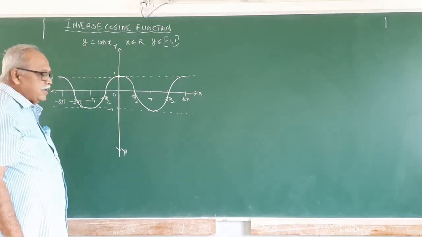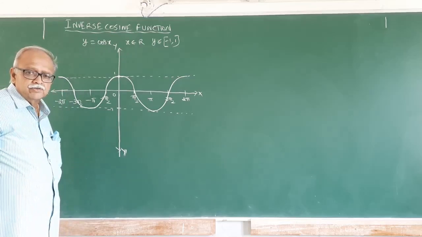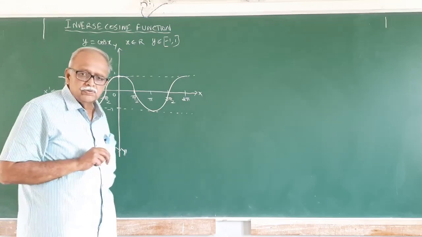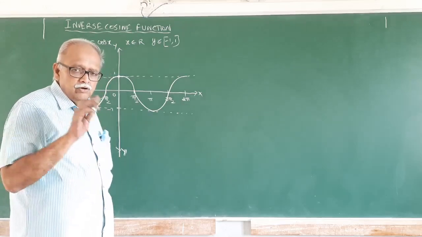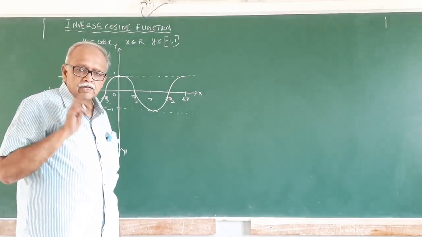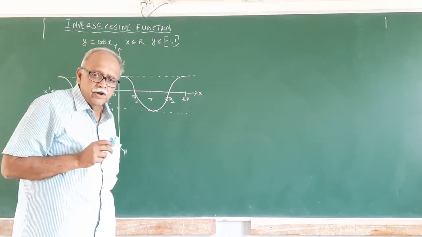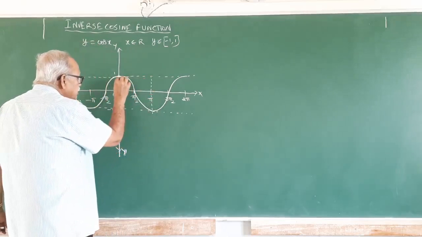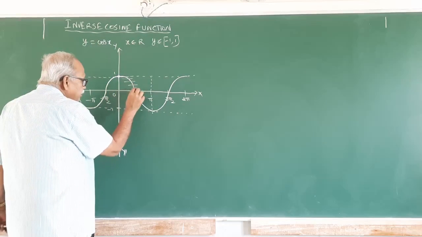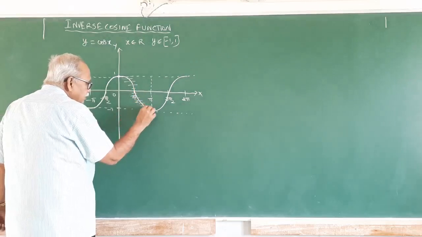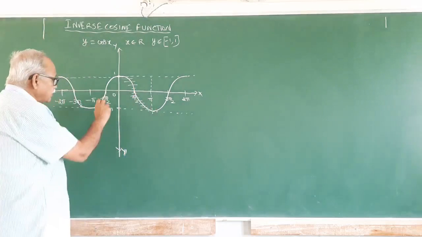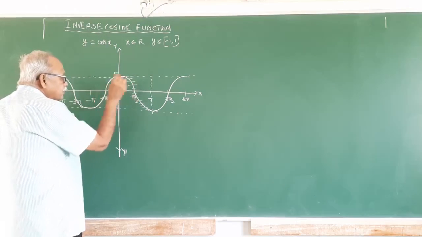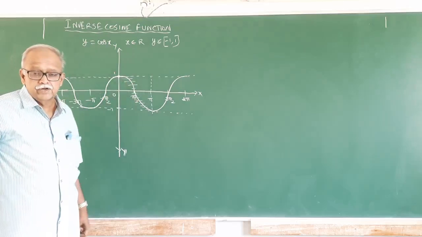Now where does this cosine function behave as a 1 to 1 and onto function? Yesterday I told you how to decide a 1 to 1 function: when you draw a horizontal line, the line cuts the graph at only one point. That happens in the interval 0 to pi. Here you can see only one point. Suppose instead of 0 to pi you take minus pi by 2 to pi by 2, you will get 2 points. That is a many to one function.